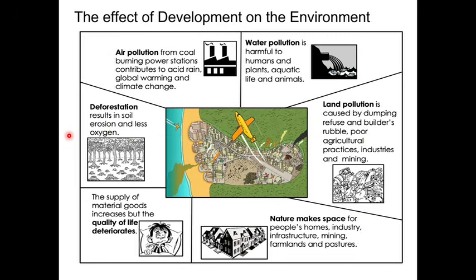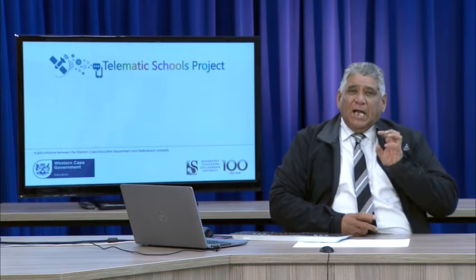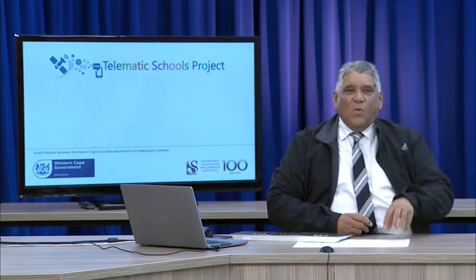I want to have a look at the effect of development on the environment. Now, we had looked at development globally and how it affected your richer countries and how it affected your poorer countries. But you know, there's one thing about a developing country. When you develop, the first thing that flies out of the window is the environment.